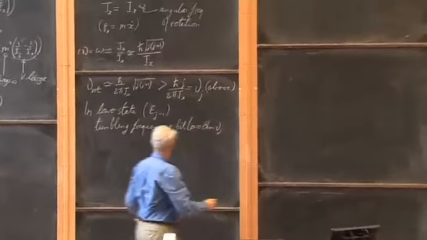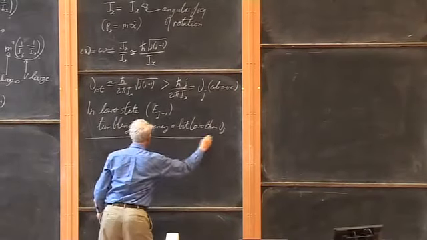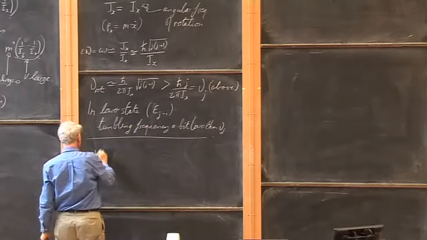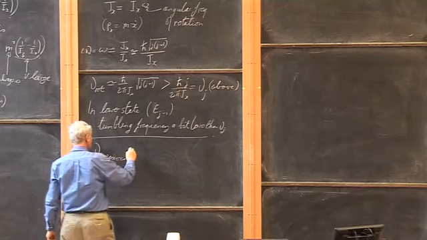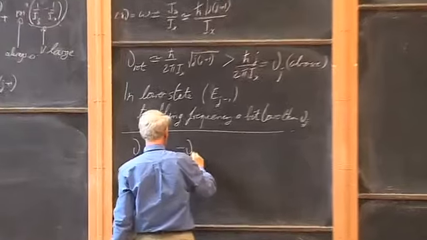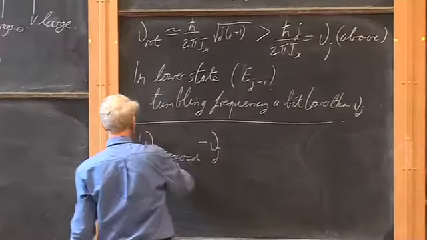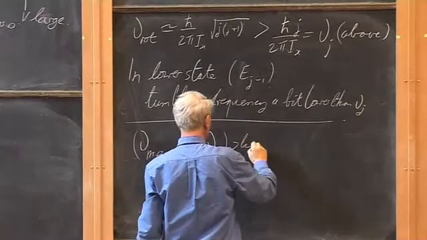It's that nu measured minus nu j is slightly negative, if you like.